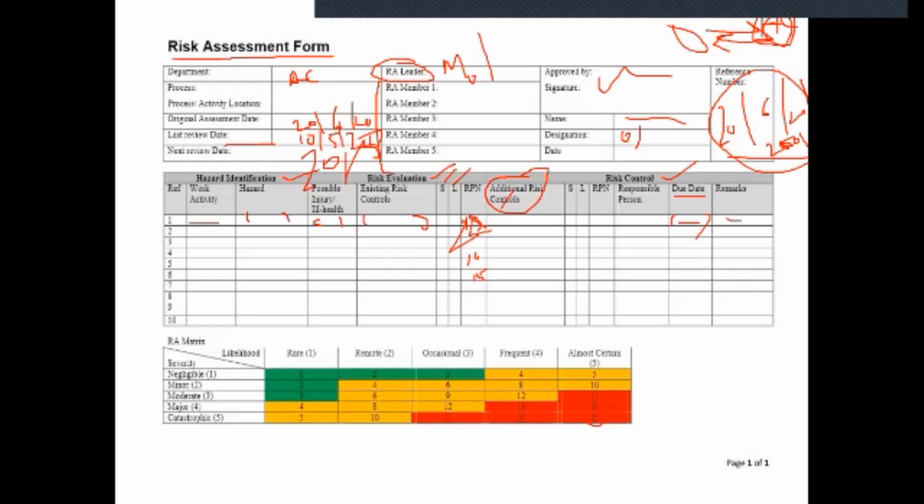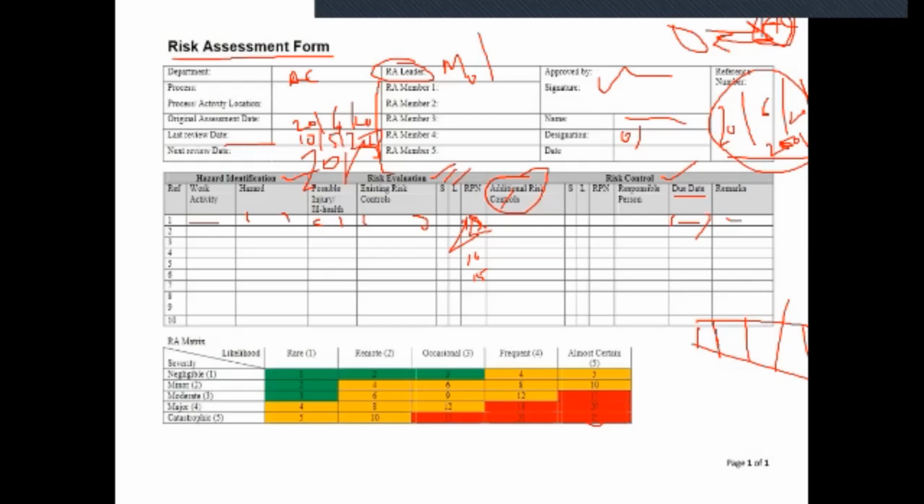In this manner you have hazard identification, risk evaluation, and risk control. For example, one building has no fencing on this side. Then the risk assessment team visits the site, and the shortfall, no fencing, is identified.